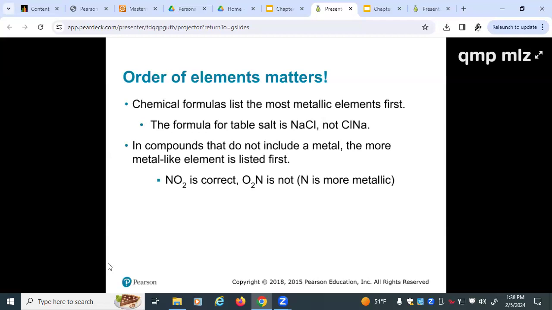The least metallic element is going to be the one that is the rightmost in the compound. This is why when we describe things like table salt, sodium chloride, we always write it as NaCl. You never see it written as ClNa. That's the convention. Sodium is the metallic component, chlorine is the non-metallic component. We always put the metallic component first.